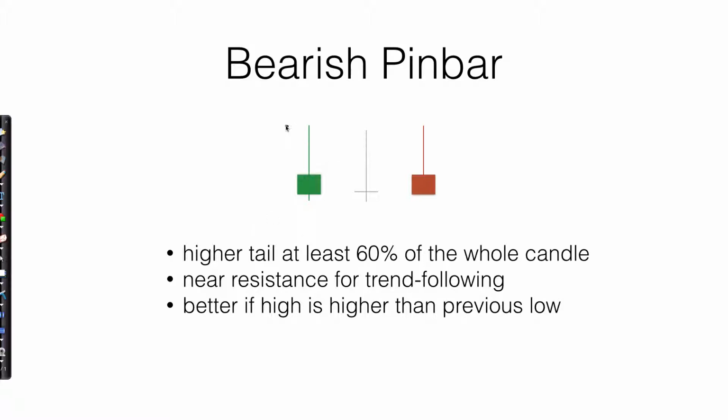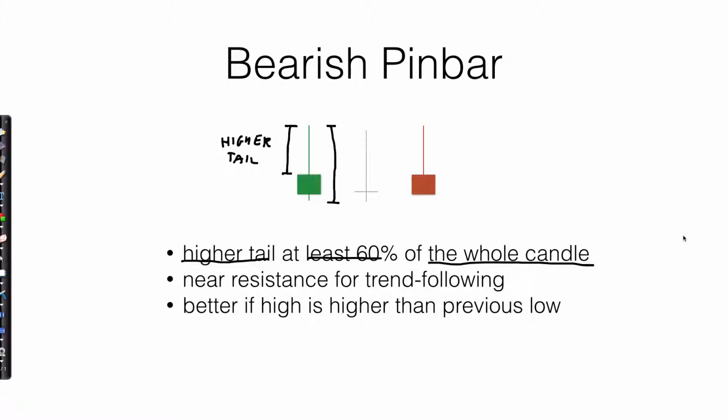Here we look at the higher tail. So this is the higher tail. And this is the whole candle. So this higher tail must be at least 60% of the length of the whole candle.